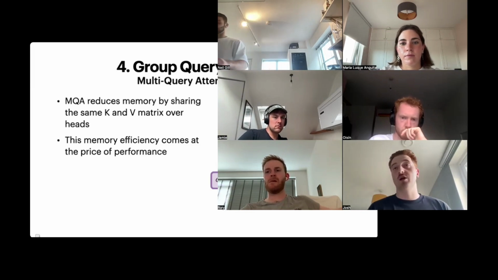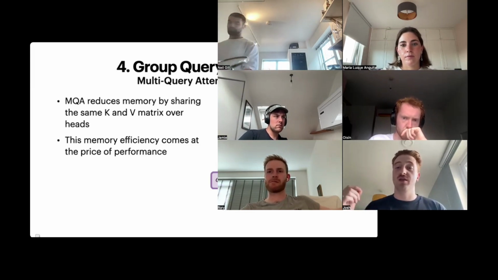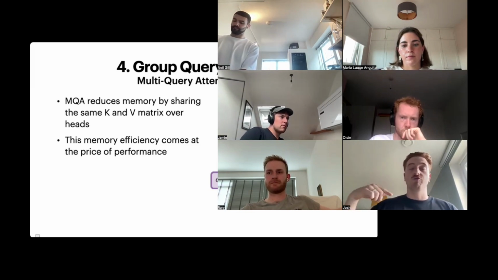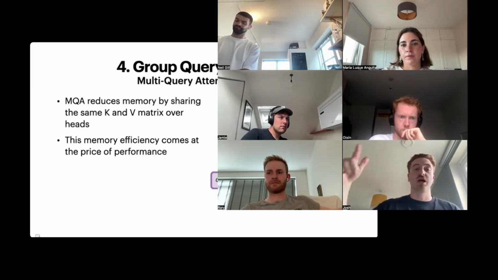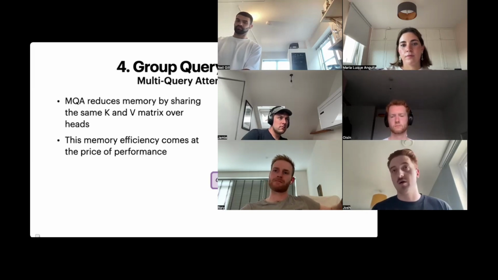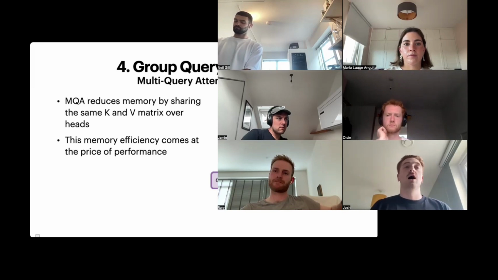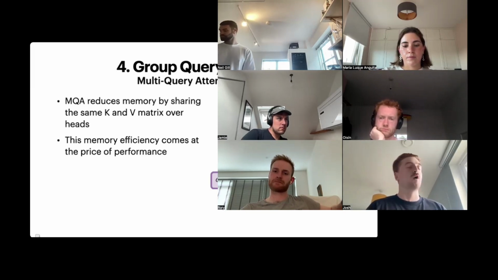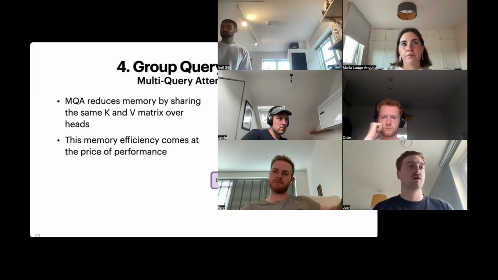This is really good at speeding up the model, especially at inference, where for every token you need to recalculate all of these, and for long answers you're generating huge amounts of tokens. However, the quality of the model deteriorates a lot. I've got some graphs later that show this.